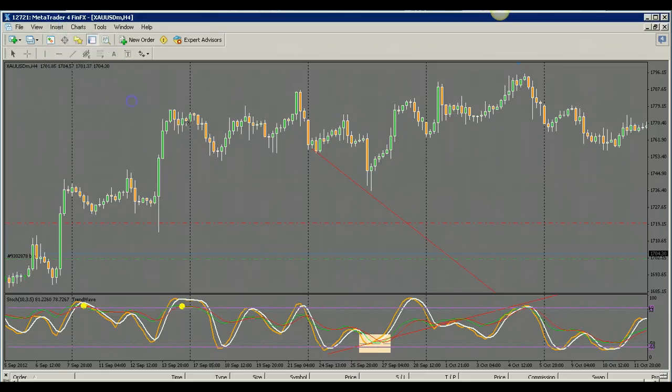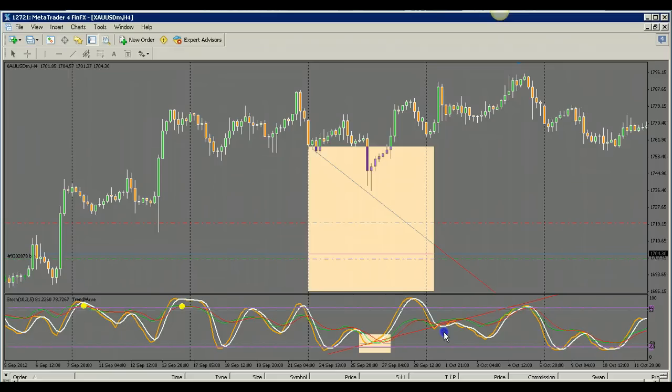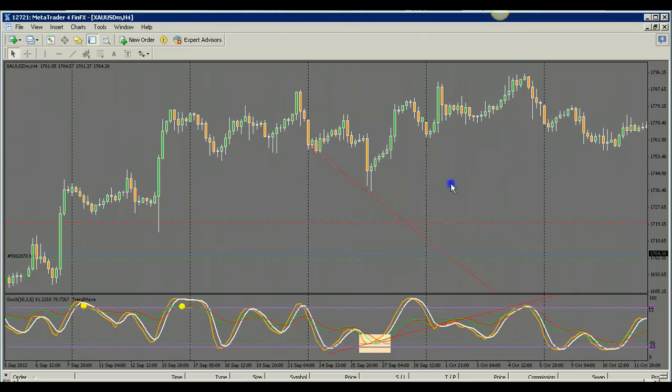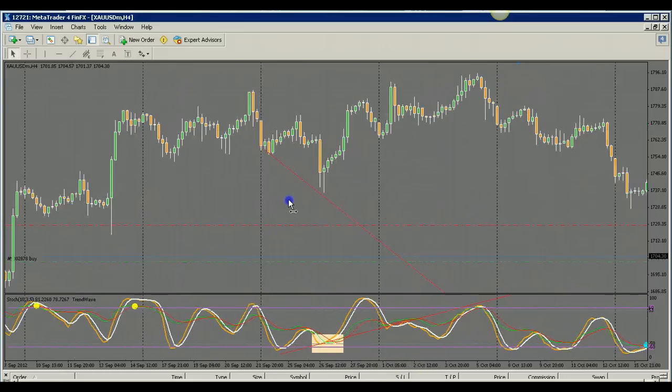Just highlight it so you can see that this whole area, it won't extend down to the stochastics, this highlighted area, but you can see from here to here, price went down, but printed lower, but stochastics wave patterns went up. So that is called divergence.